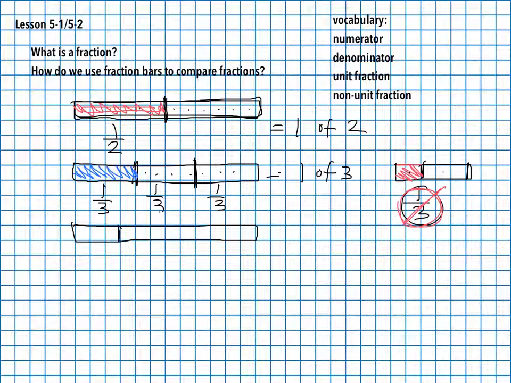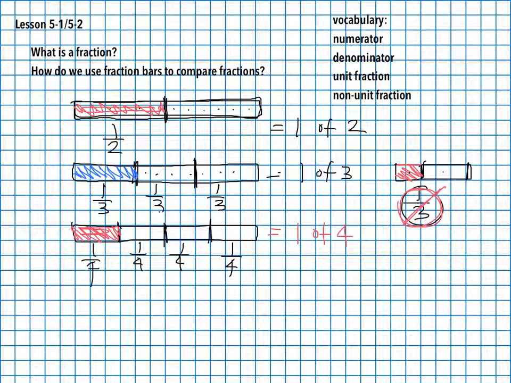I'm going to go every 3 here, and color here. This would be 1/4. Each one of these is 1/4, this is 1/4, and this is 1/4.